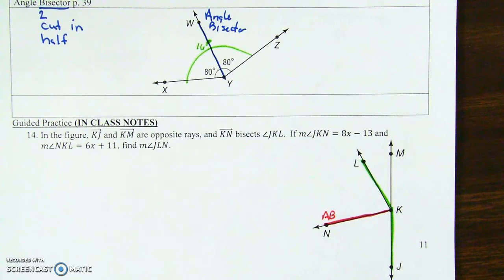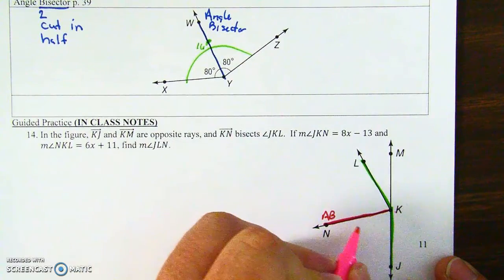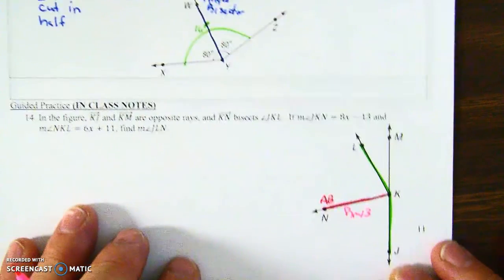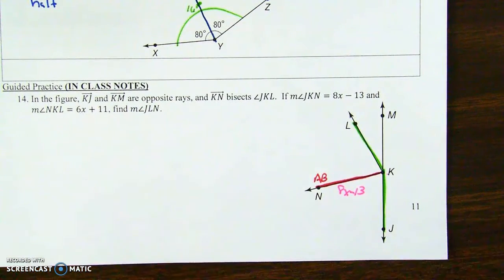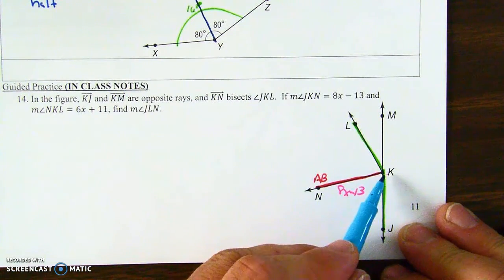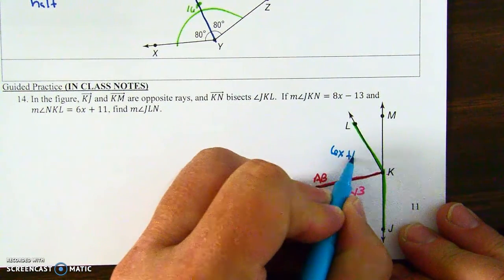It says the measurement of JKN is 8x minus 13, and the measurement of NKL is 6x plus 11.